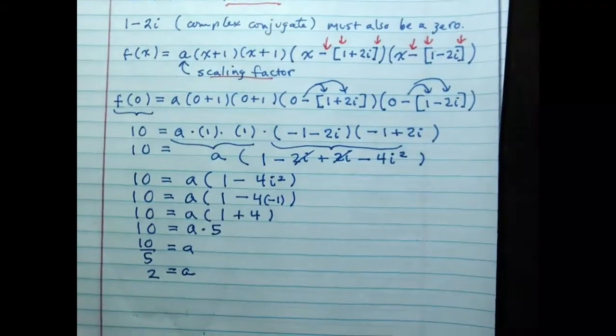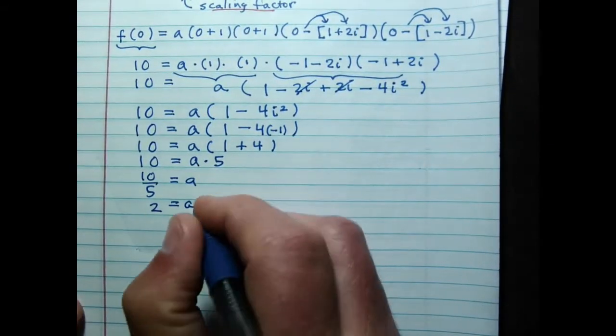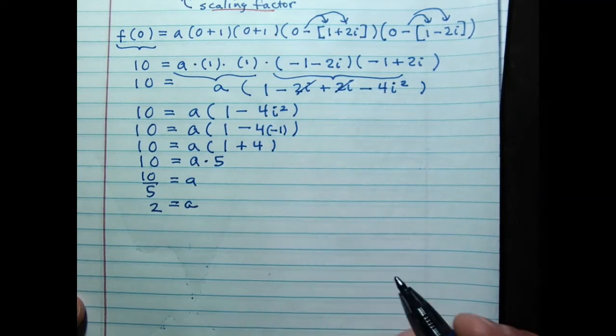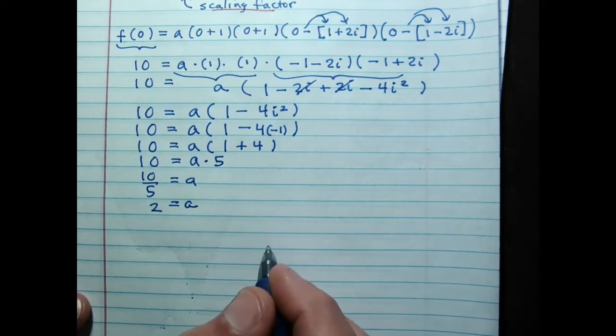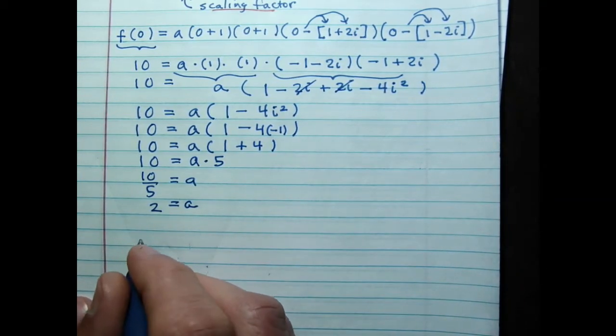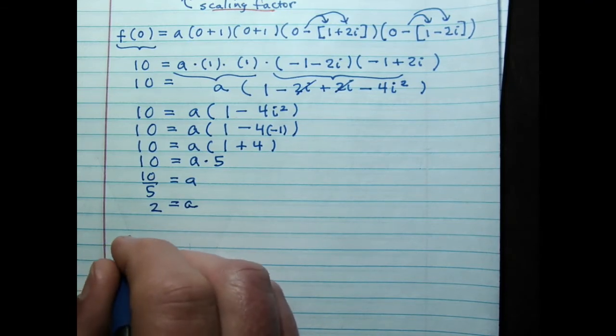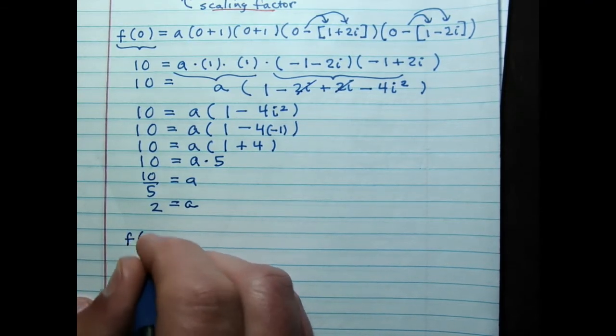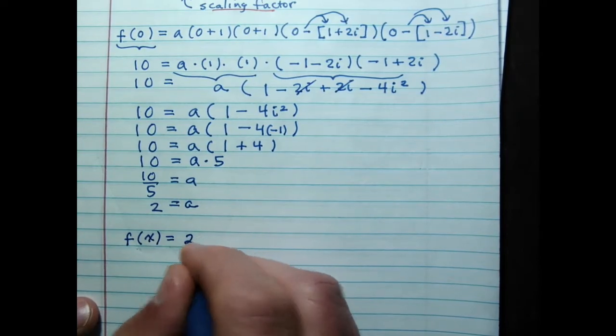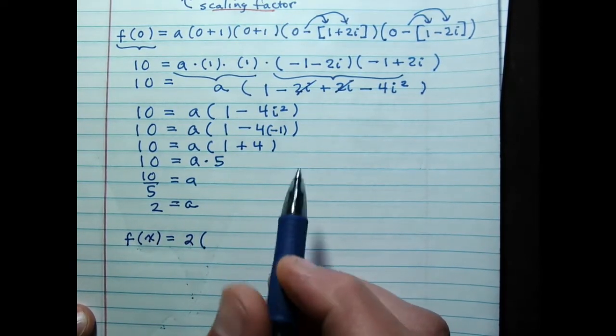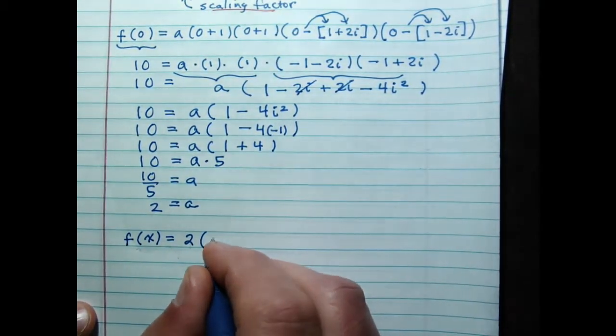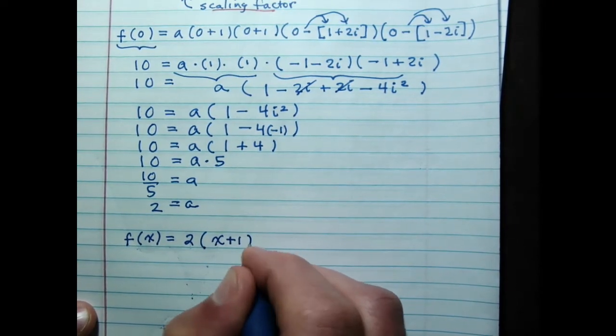Okay. All right, so let's write out the factored form. I think I'm just going to leave it in this line. I'm not going to come up to the side because I need lots of room. So my factored form of f is f of x equals 2 times x plus 1 times x plus 1, which I can just write as x plus 1 squared.